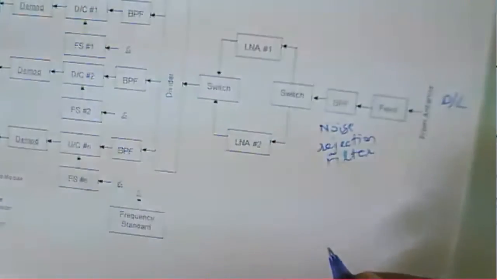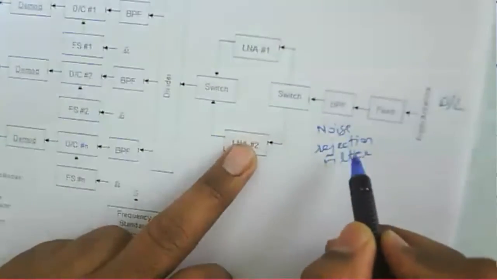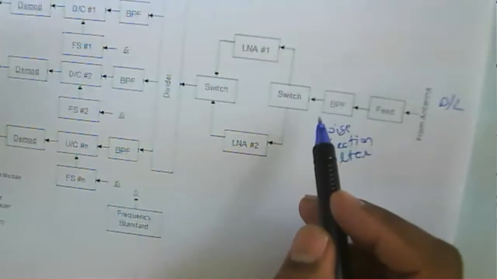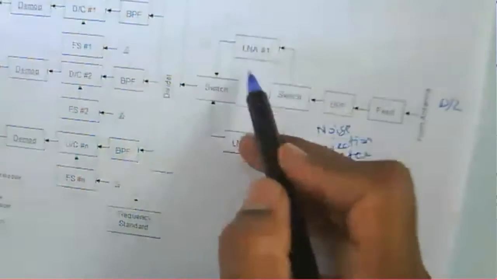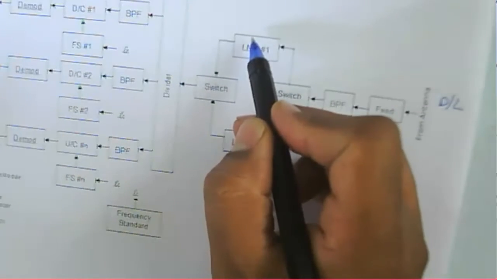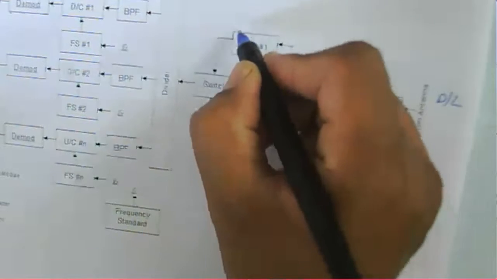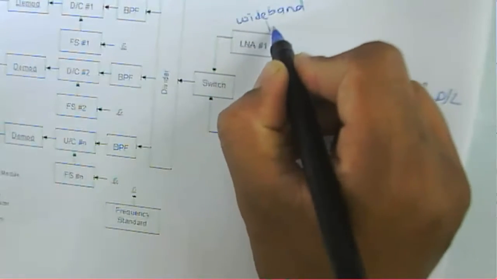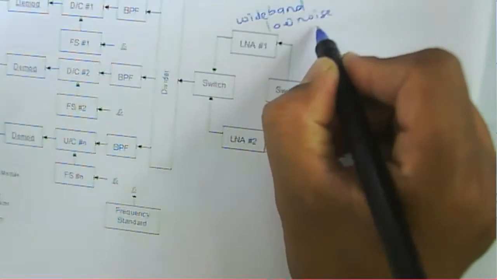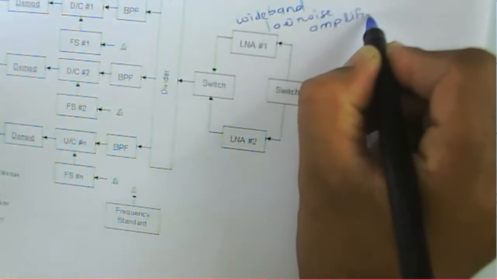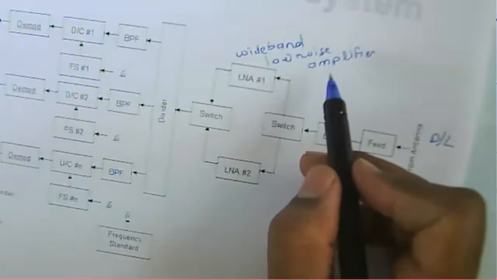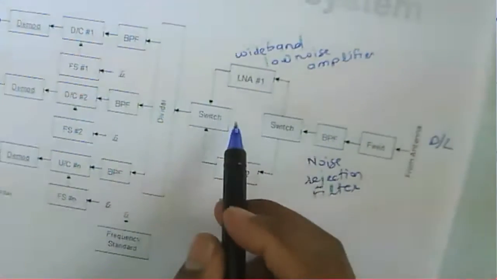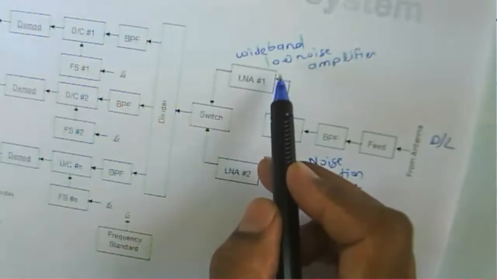And then after that, the noise rejected or filtered signal will be propagating towards this low noise amplifier, which is called a wideband low noise amplifier. That is a wideband low noise amplifier.